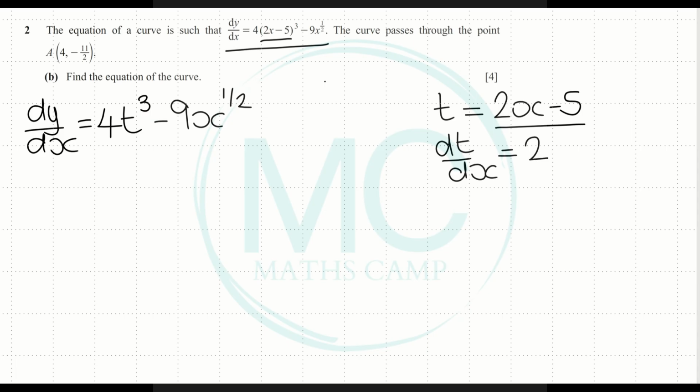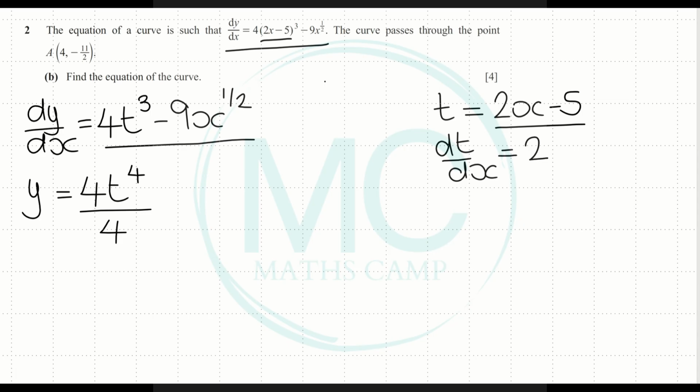Now we can integrate this equation. We can say y will be equal to 4t with an exponent of 3 plus 1, which is 4, all over 4. Because we have an original equation in terms of x, we do not want to integrate in terms of t.